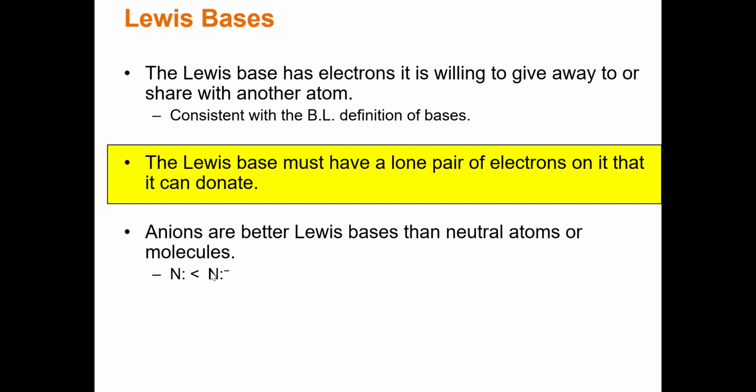I think we're not showing all of them. Oh, I see, I think that's just the formatting. So there's more going on to these two nitrogens than what we're showing in this PowerPoint. But essentially, negative charges will have greater base properties than no charges.